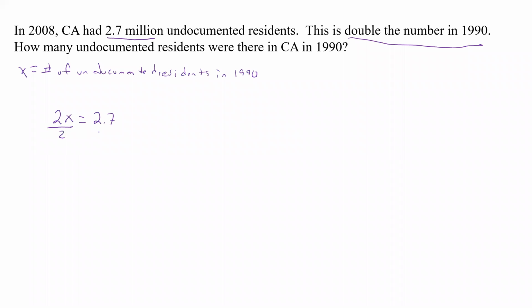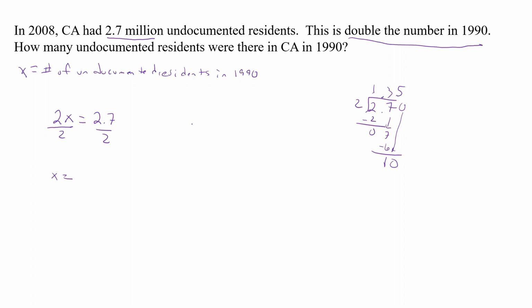So if we divide by 2, X equals, well, now we just take 2.7 divided by 2, put our decimal there, so that's a 1, that's 2, subtract, that's 0, bring down our 7, that's 3, that's going to give us 6, subtract, that's 1. Now if we add a 0, that's going to give us a 5.